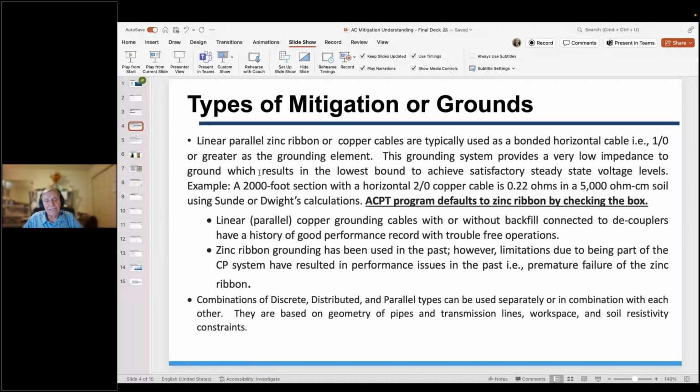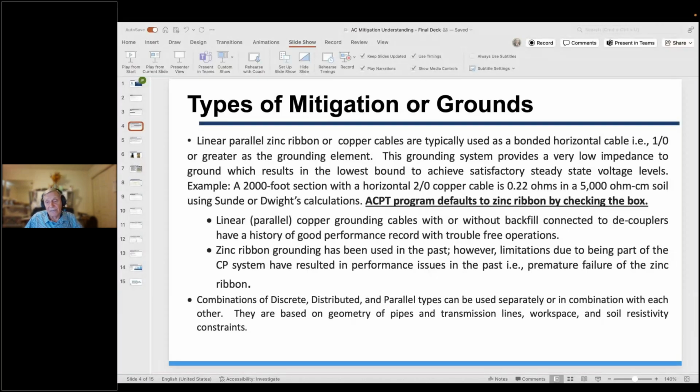How do we calculate these things? If you're using a copper cable, let's just say a 2 watt, and you know you're going to have to drain some couple hundred amps, you could really get some very low resistances, like a linear anode in a 5,000 ohm-centimeter soil. Technical Toolboxes has those programs in our pipeline toolbox called cathodic protection, and you could use those calculations right from there.